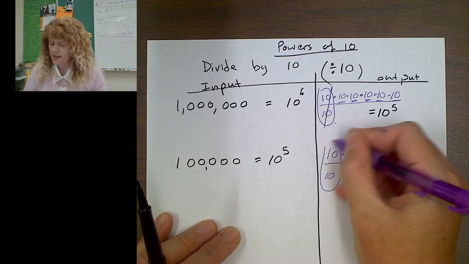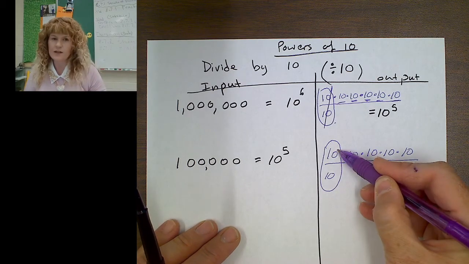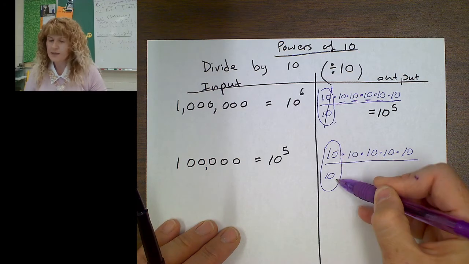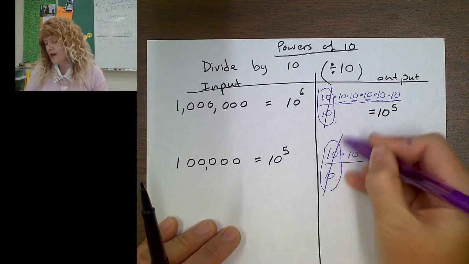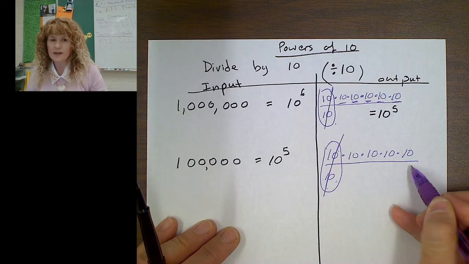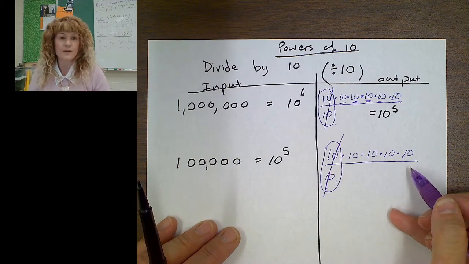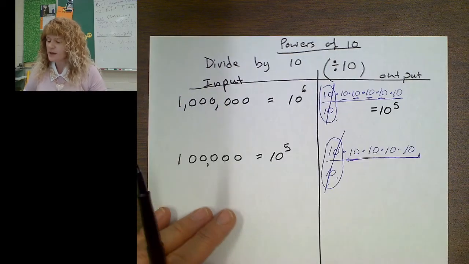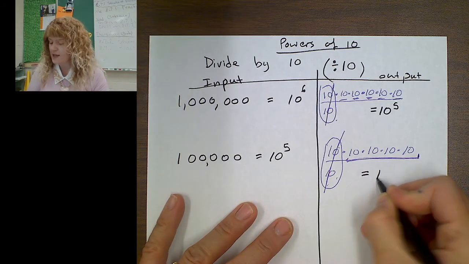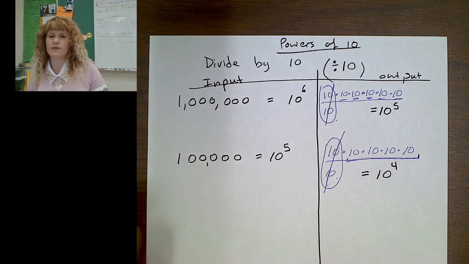And then same thing as before. This 10 in the numerator divided by this 10 in the denominator equals 1. And the 1 times the rest of the number doesn't change the rest of the number. 1 times anything is the same number. So what I'm left with is 10 to the 4th.